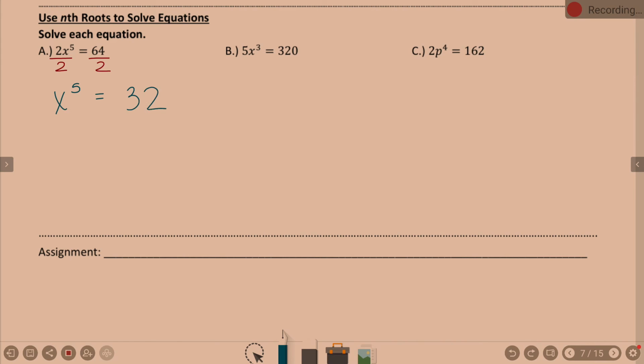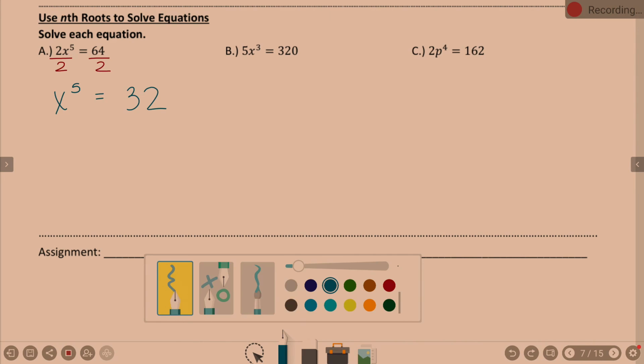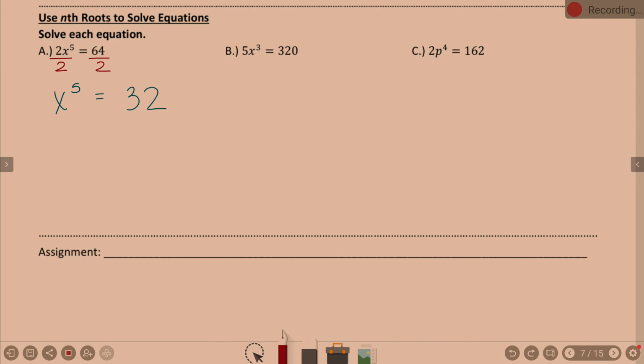So then I end up with the equation x to the 5th equals 32. Now, I know the book taught this slightly different because it talked about raising it to a power. I don't want to raise it to a power. How do you get rid of an x to the 5th, you think? Take the, but not square root. It's a 5th power, so we're going to take the 5th root. Because if it was x squared, we'd take the square root, right? Since this is x to the 5th, we're going to take the 5th root.